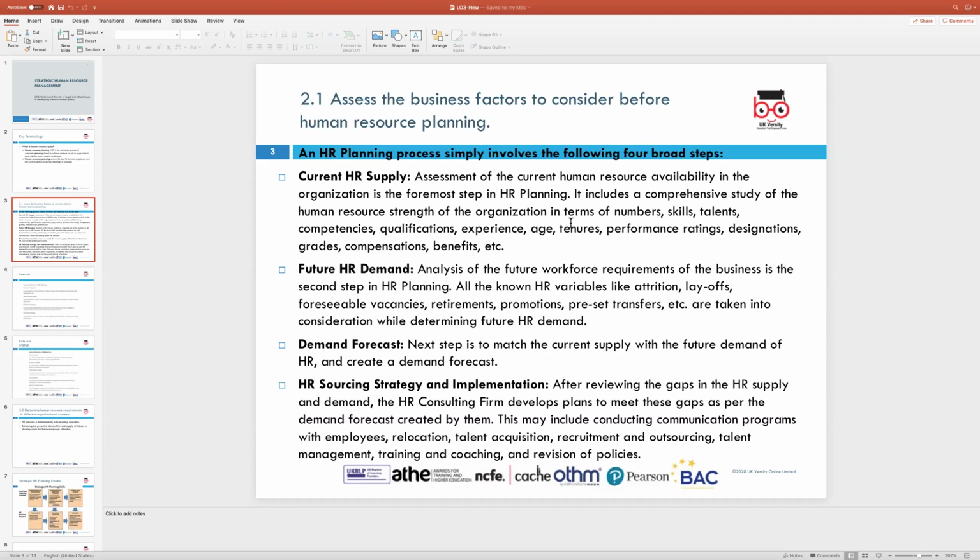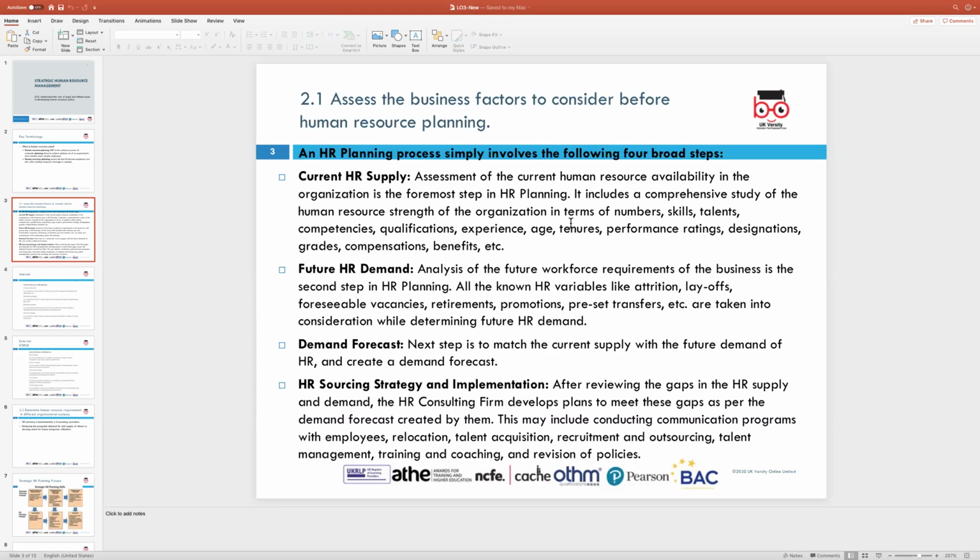Okay, perfect. And then the last bit is HR sourcing strategy and implementation. Now that we have a plan, we currently have these many associates, and even if they progress and get trained, we still have to hire, say, 10 new associates. That's the forecasted demand we have set. So at the end, we have to look at a strategy or plan to implement it.